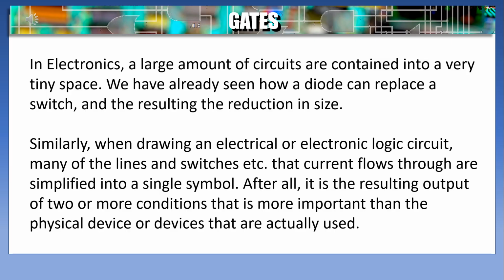Similarly, when drawing an electrical or electronic logic circuit, many of the lines and switches that current flows through are simplified into a single symbol. After all, the resulting output of two or more conditions is more important than the physical device or devices that are actually used.